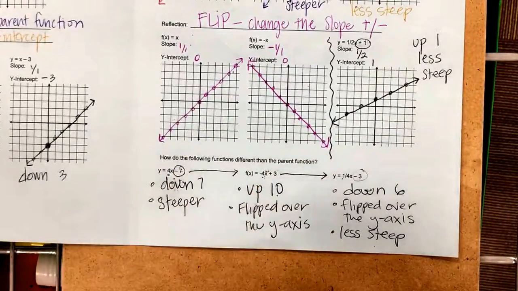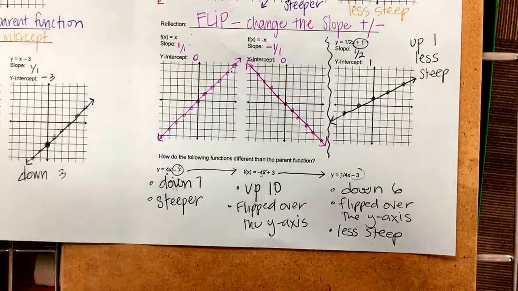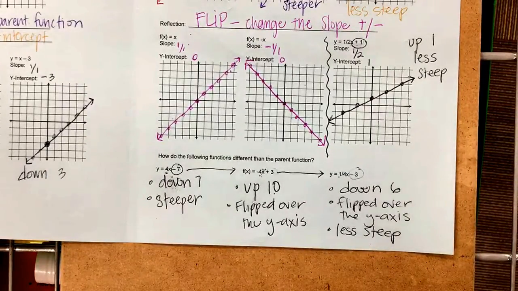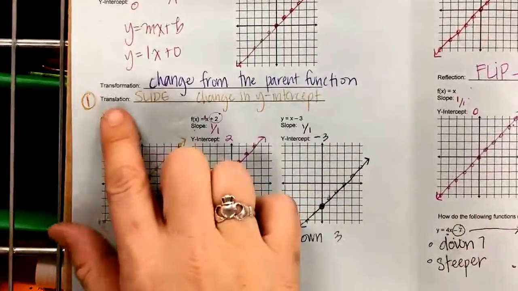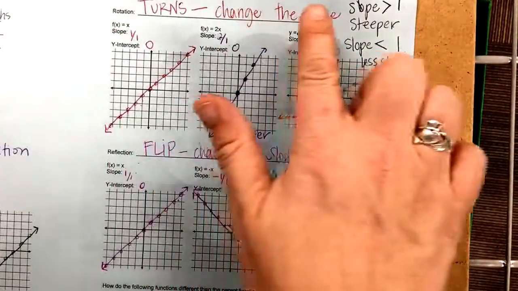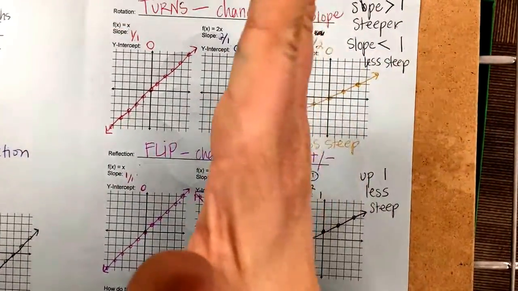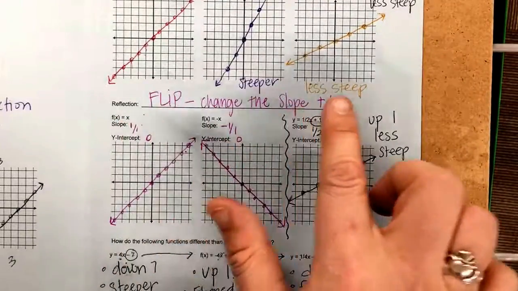All right, so your homework, you are going to be practicing just looking and describing the transformations. So a translation is a change in y, that's up and down. A rotation is a change in the slope, so you have to determine, does it get really steep or is it less steep? And the flip is the positive, negative of the slope.